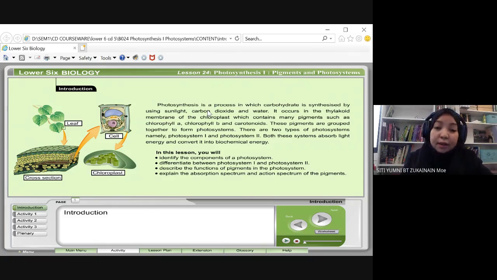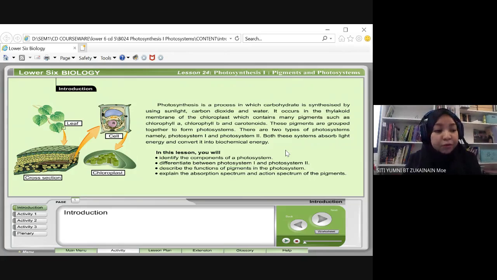It occurs in the thylakoid membrane of the chloroplast, which contains many pigments such as chlorophyll A, chlorophyll B, and carotenoids. These pigments are grouped together to form photosystems. There are two types of photosystem, photosystem 1 and photosystem 2. Both these systems absorb light energy and convert it into biochemical energy.